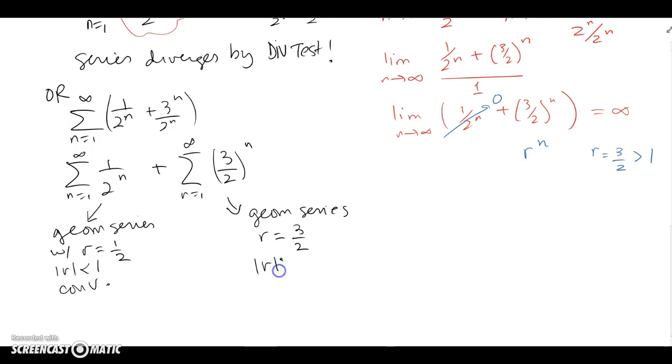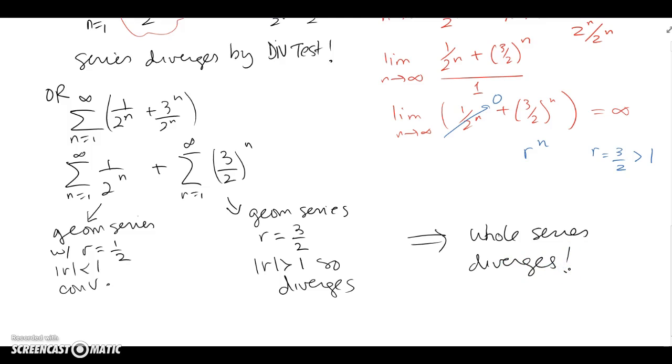Here notice though that r is greater than 1 in absolute value, so this guy diverges. And if one of them converges and one of them diverges, the whole series diverges. So we can either do a divergence test or split it up and look at it piece by piece.